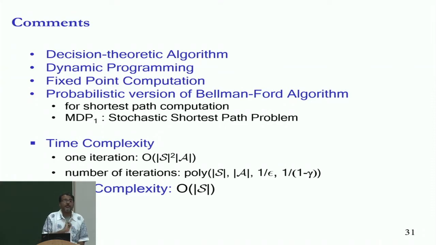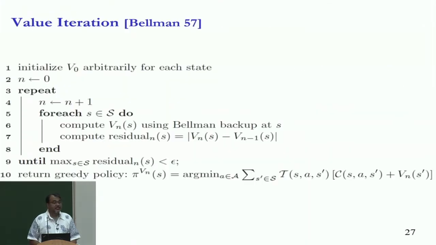You can also compute time complexity. So, what is the time complexity of one iteration? Let us look at the time complexity of a Bellman backup first. For one state, I have to compute the new approximation. What is the time complexity? I will first go over all actions, and for each action I may have to take expectation over how many states?